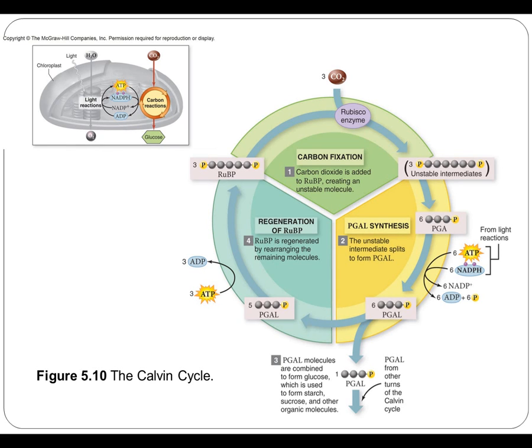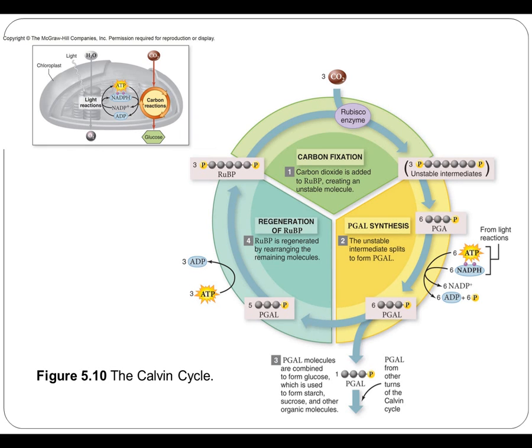Here we see it working in the chloroplast, so it was made following the light reaction using a molecule called ATP synthase. Which light reaction, which photosystem contributed to ATP synthesis?